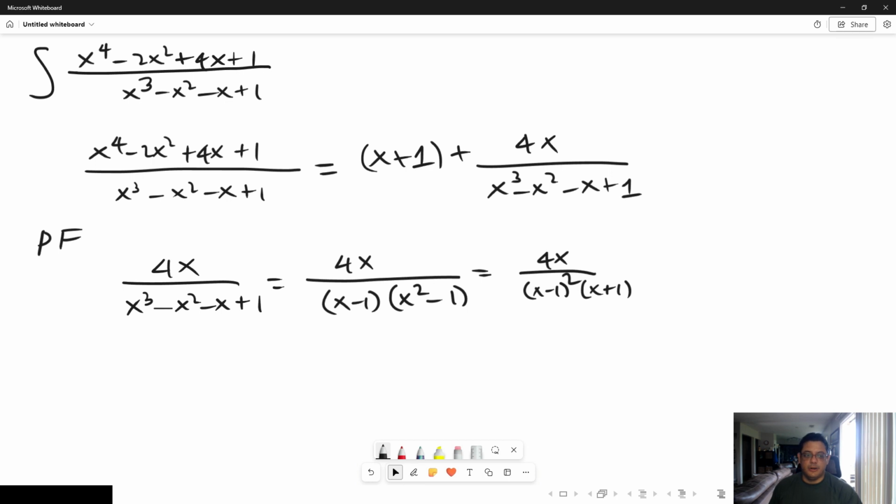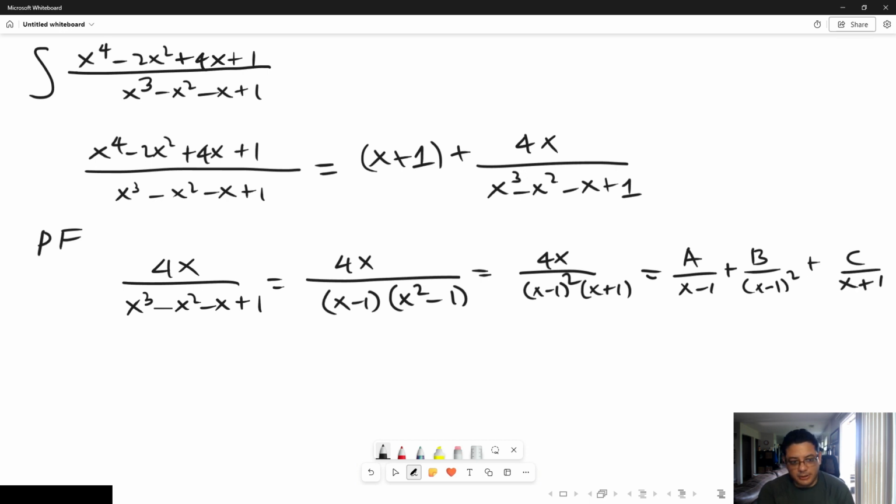So now I have another repeated term of order 2, and I can rearrange this as a over x minus 1, plus b over (x minus 1) squared, plus c over x plus 1.